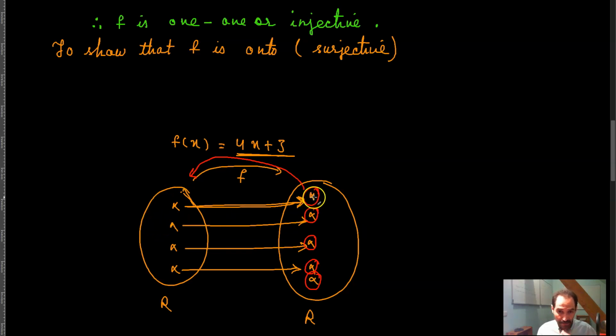Now, if I can make sure that from each and every element in this set I can get back to some element in this set, then every element in this set is the image of some element in the domain, and that means that the function is onto. That's the definition of being onto, or the meaning of being onto.